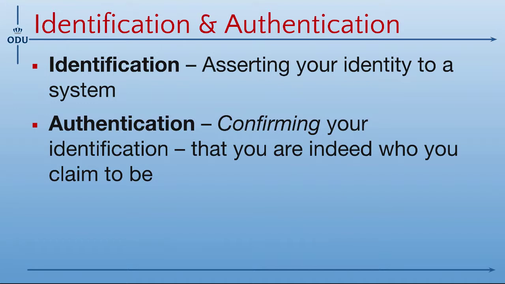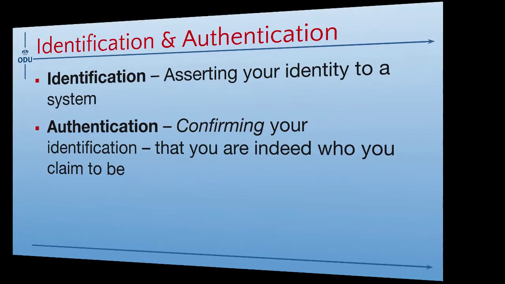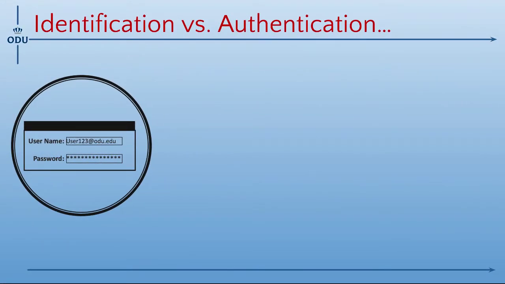Well, in the cybersecurity world, those two principles certainly apply. Identification is asserting your identity to the system. You're giving it your identification, your driver's license, so to speak. Authentication is confirming some other piece of information that confirms your identification. That is, that you are who in fact you say you are. Now, the way to think about this, if you log into nearly any system, you provide two pieces of data.